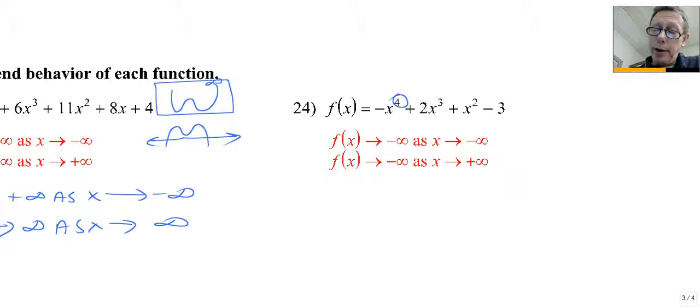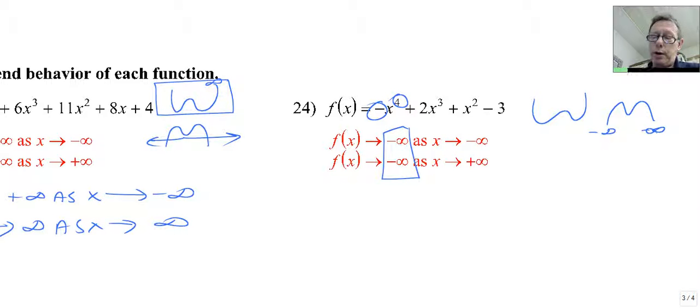And we have another even degree, so that's either going to start and end in the same direction going up or down. That negative sign is going to mean that it's going to go downwards. So what I'm going to have is similar to before, except the y values are going toward a negative infinity. Okay, so you can see that in the answer that's here, the y's are going toward infinity.